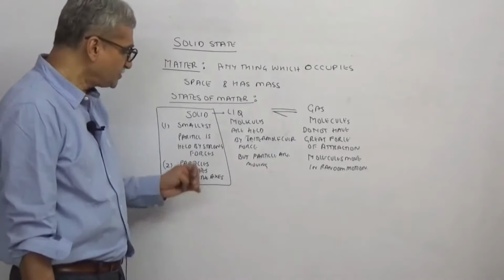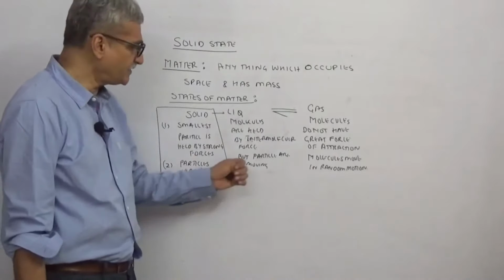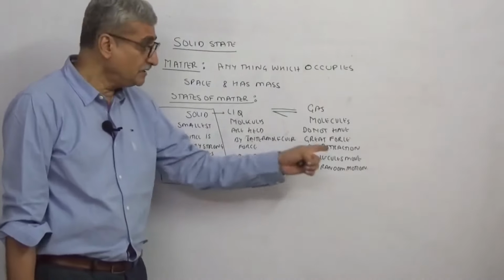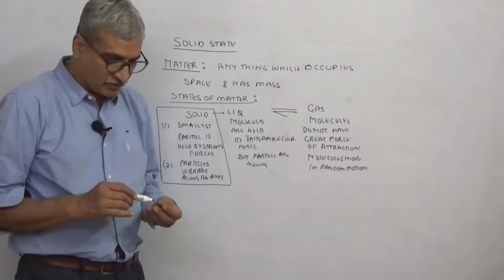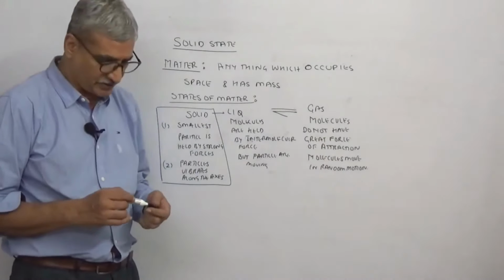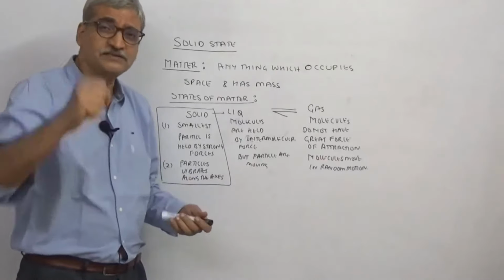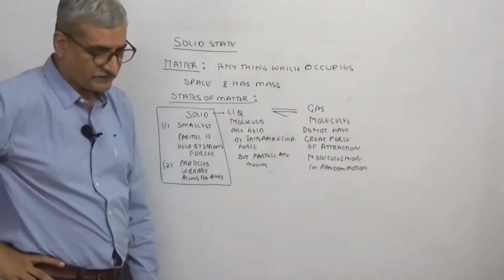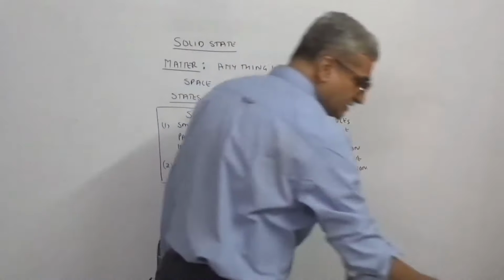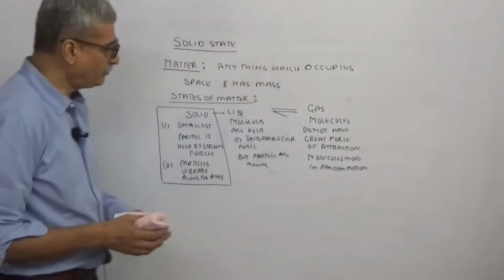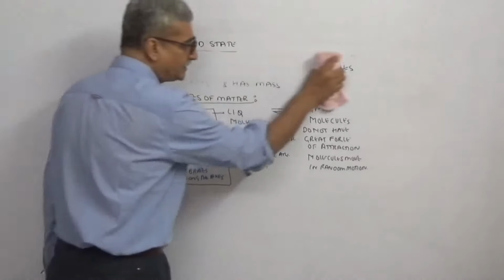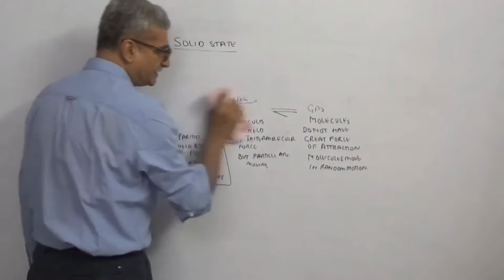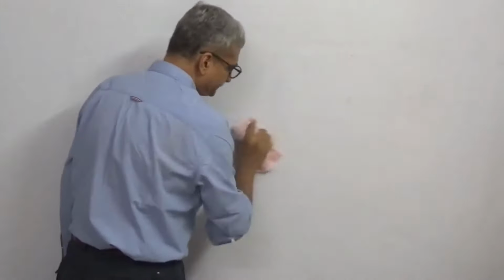Solids do not exert pressure on the sides of the container, liquids also do not exert much, but gas exerts pressure. What is the pressure of a gas? Last year I taught you that the number of gas particles hitting against the surface of the container is the pressure of the gas. That was discussed in great detail in the gaseous state in the 11th standard.